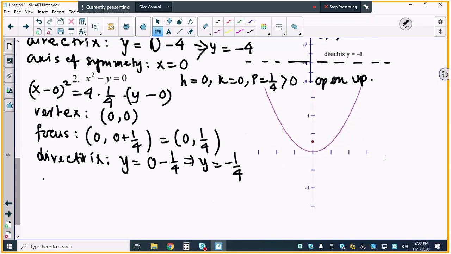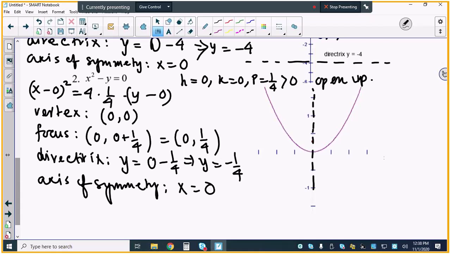Axis of symmetry. That is going to be given by x equal to the x coordinate of the vertex, so x equal to 0. So clearly this is your axis of symmetry. That's x equal to 0. Parabola opens up.